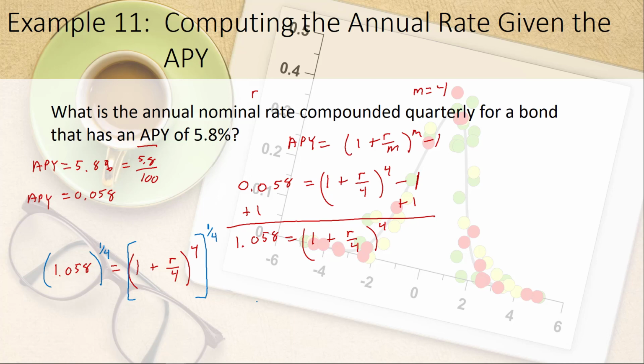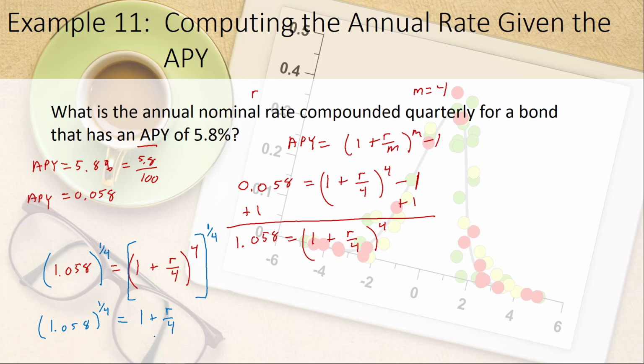So on the left-hand side, we have 1.058 to the 1/4 power, which is the fourth root of 1.058. And over here, we have 1 plus R over 4, to the fourth to the 1/4 power, which will simply be 1 plus R over 4.